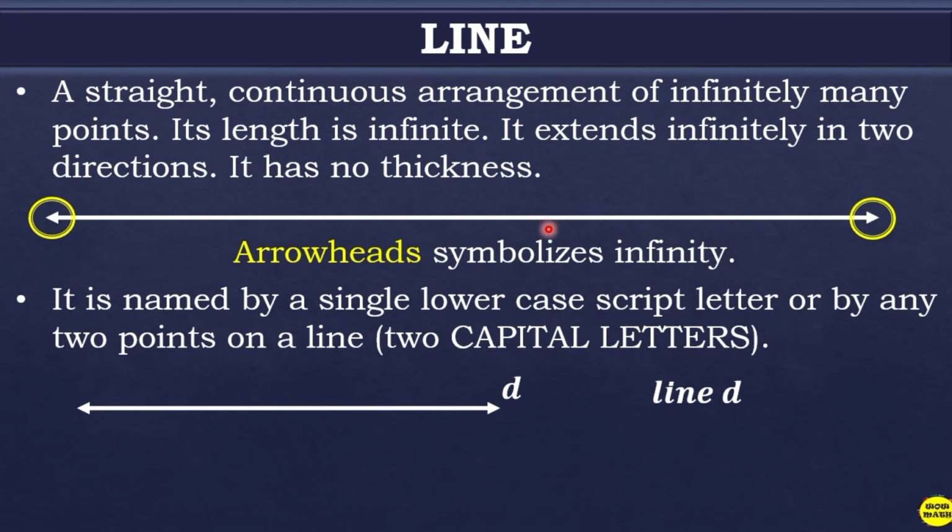Kung ano ang illustration natin ng line, ganun din po yung symbol niya. At ilalagay po natin siya sa taas nung ating name. Okay? So, halimbawa ito, pwede mo siyang isulat like this. Okay, so tatandaan yung symbol po natin na kapag line ang tinutukoy mo, if you are referring to a line, then do not forget to use this symbol. Ito po. Okay, if you do not want to write the word line.